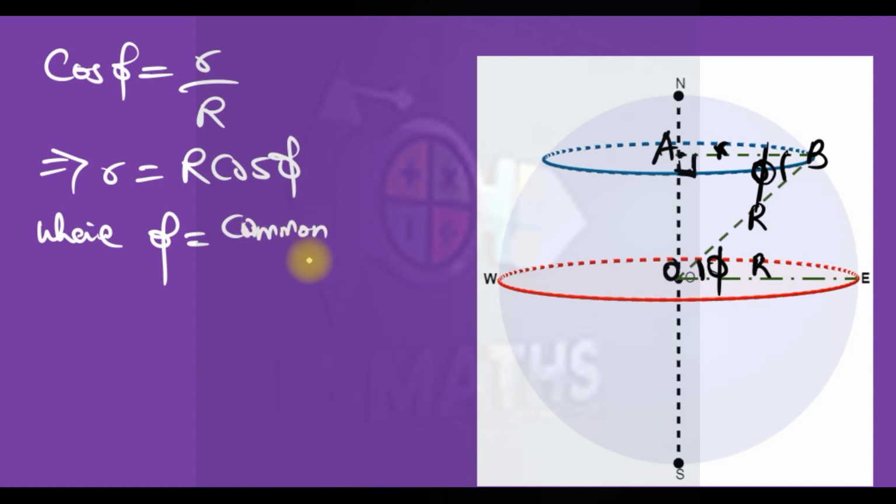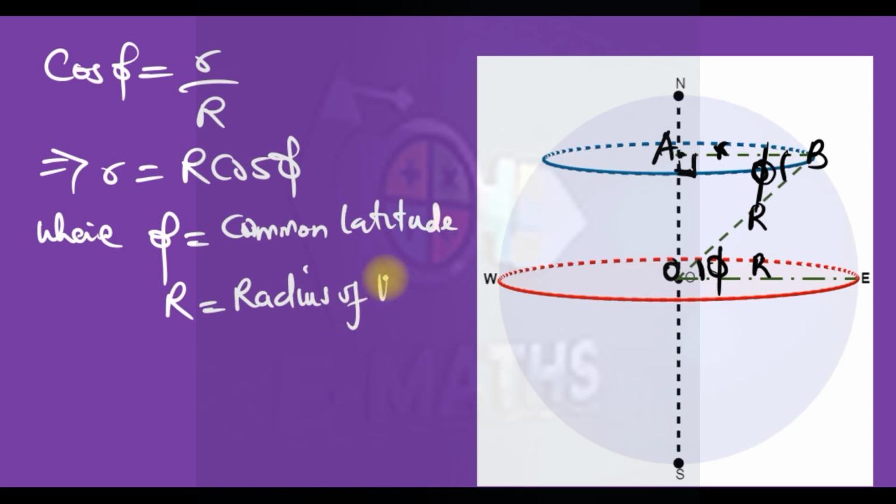I told you, for us to find the distance along the latitude, we must have common latitude, but if it's along the longitude, they must have common longitude. R is the radius of the earth, while small r is the radius of the small circle, or maybe let's call it radius of the latitude.